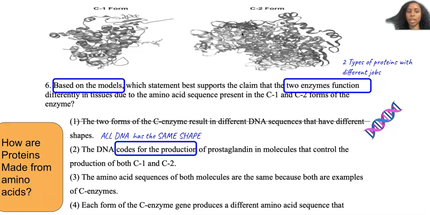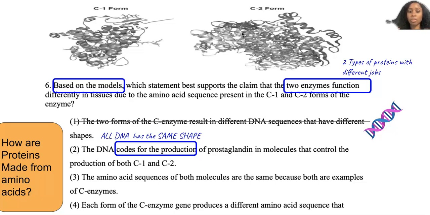I know that this is wrong, right? And I want us to think about how proteins are made from amino acids. So how do we go from DNA all the way to amino acids to proteins? It's very simple. We've been doing this a lot. We start off with our DNA strand. Then it's transcribed to RNA. Then it's translated into amino acids.